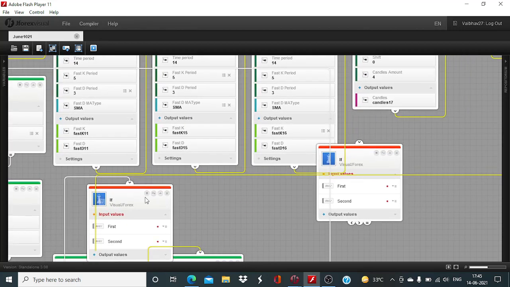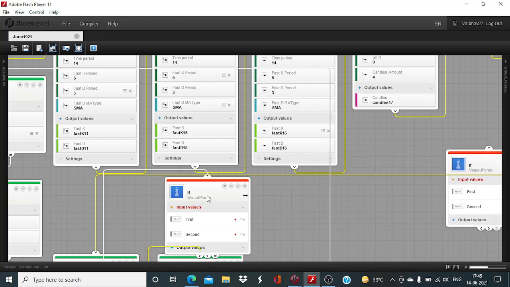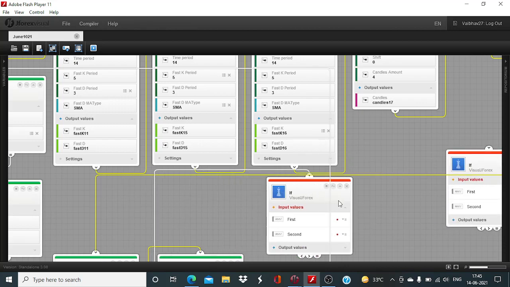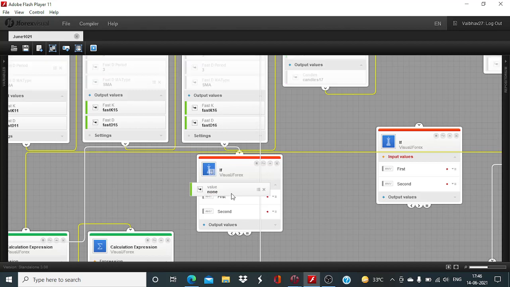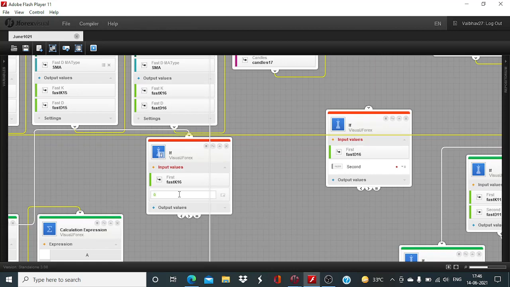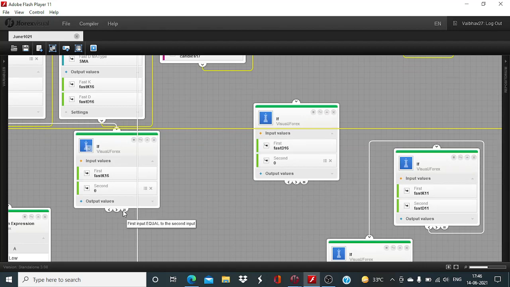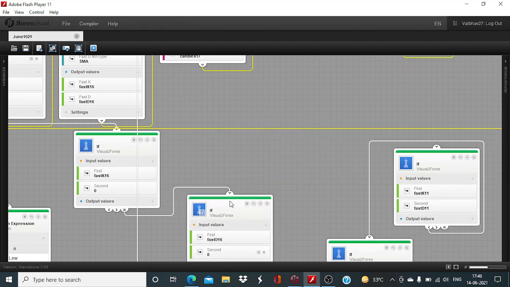And same thing we will need with the fast K16 and fast D16. Both the cases require first input to be equal to the second input. Okay.